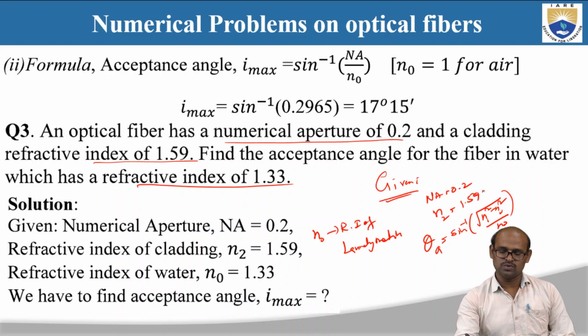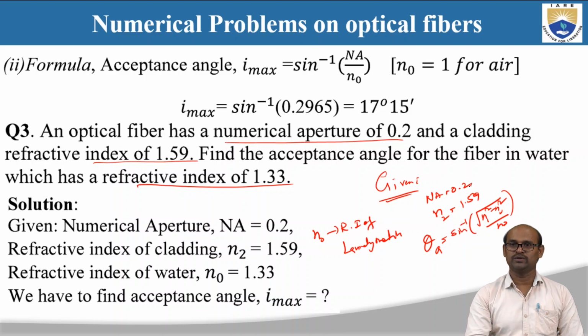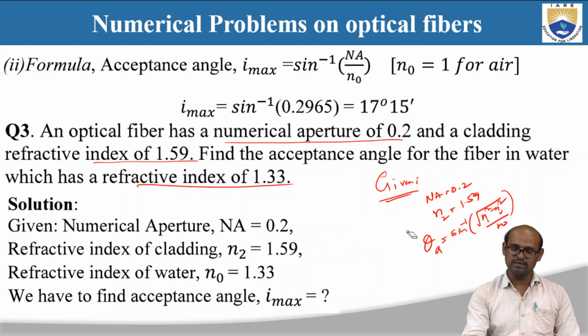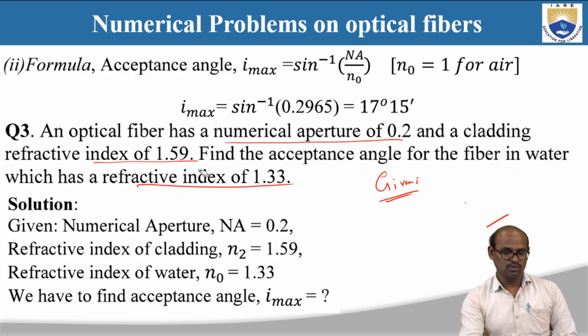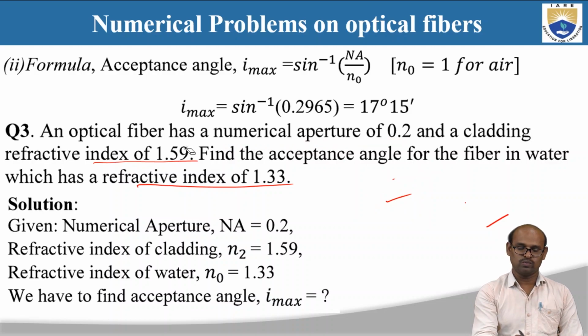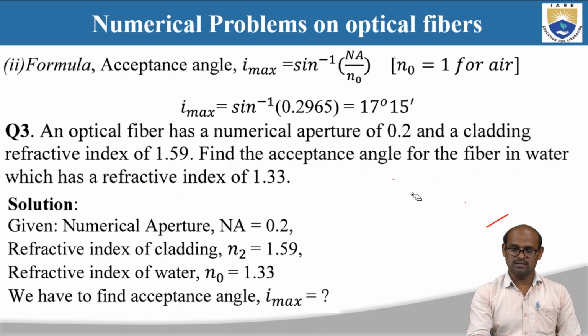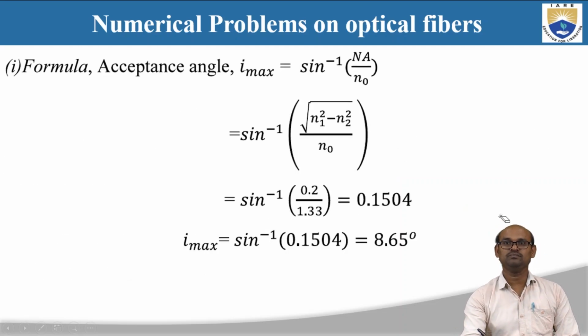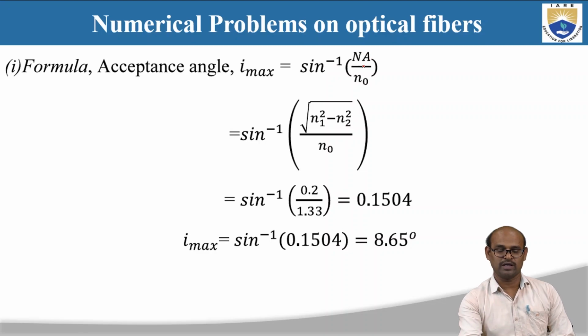Okay, so square root of n1 square minus n2 square is the numerical aperture, which they have given as 0.2. We need to calculate the acceptance angle in water, right? So the acceptance angle formula is sine inverse of numerical aperture by n naught.